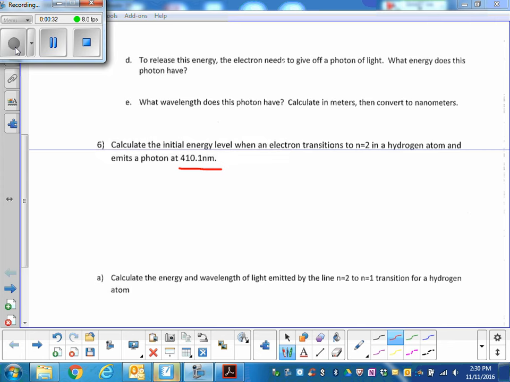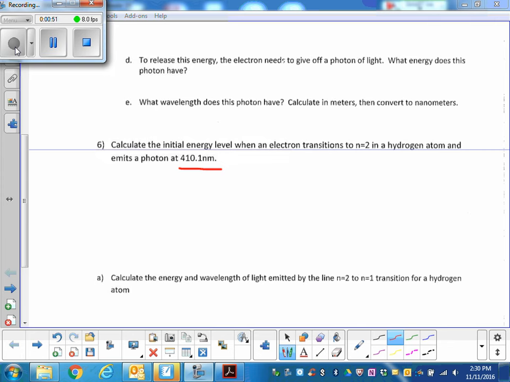What they would like you to solve for is the initial level from which it's originating and landing at 2 if it's giving out a wavelength of that many nanometers. Does everybody understand the question?